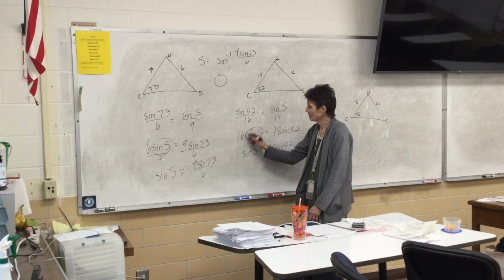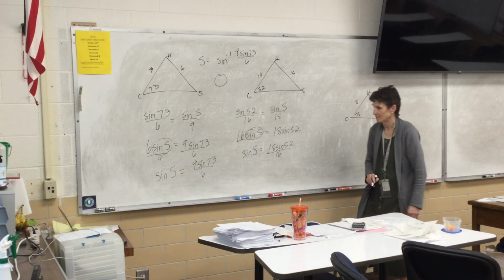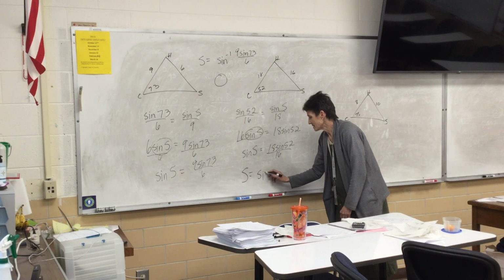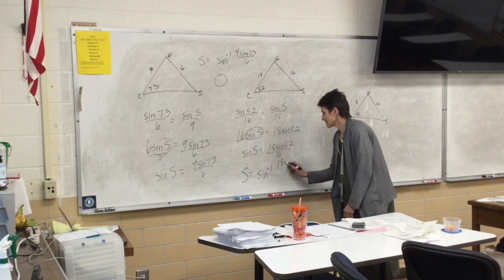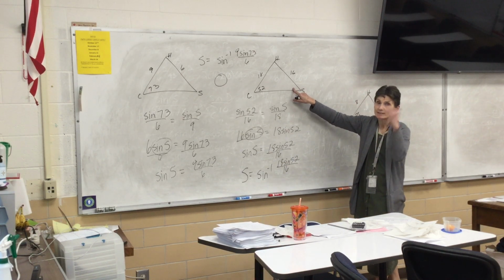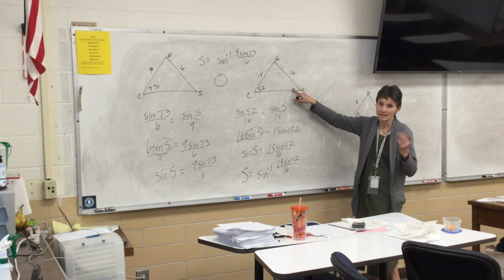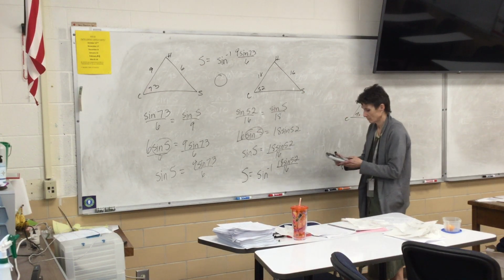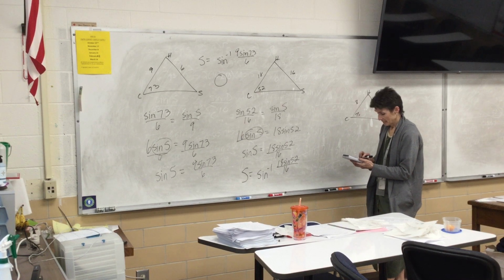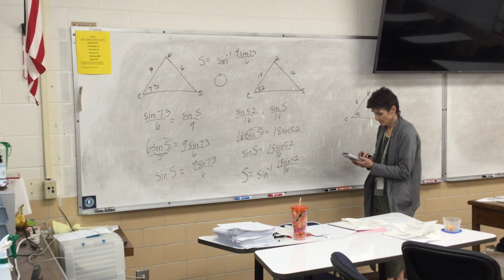Again, this is my variable, so I'm dividing by 16. And then S equals second sine 18 sine 52. If your job is to find an angle, you are going to second sine or second cosine, depending. Second sine 18 sine 52 divided by 16.